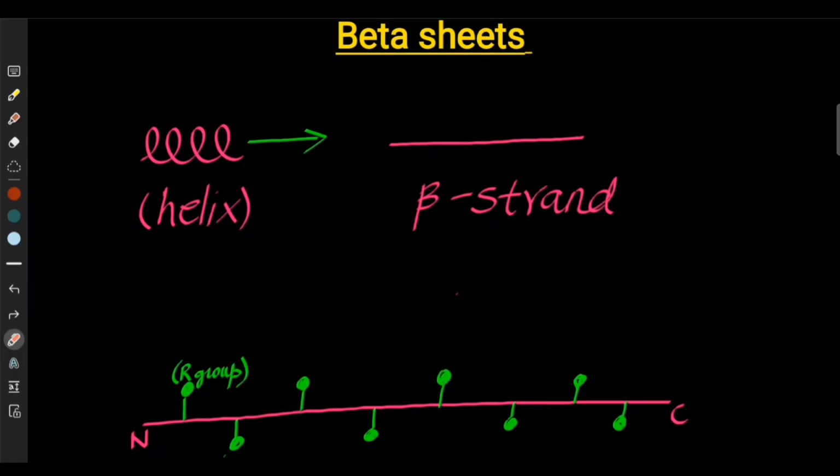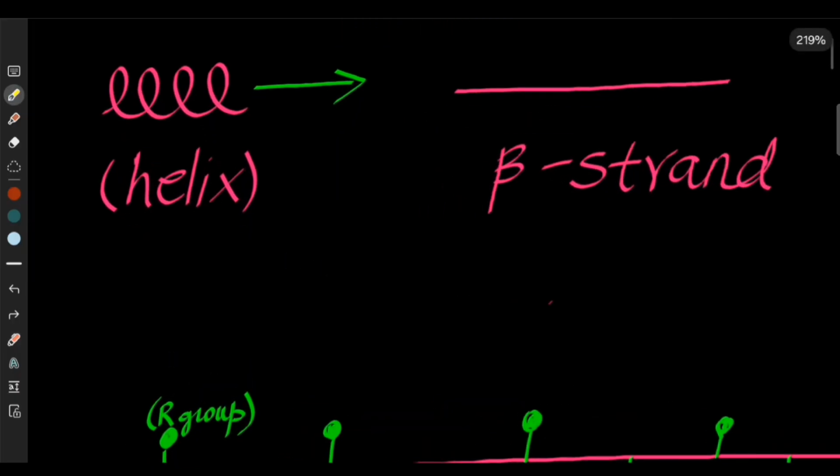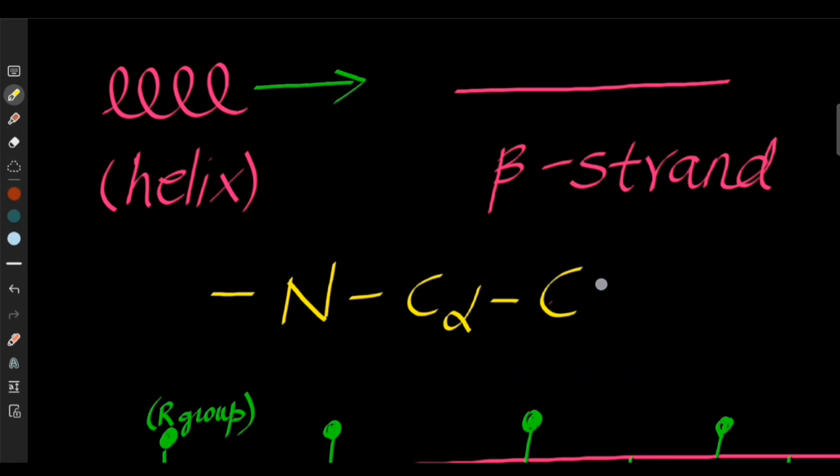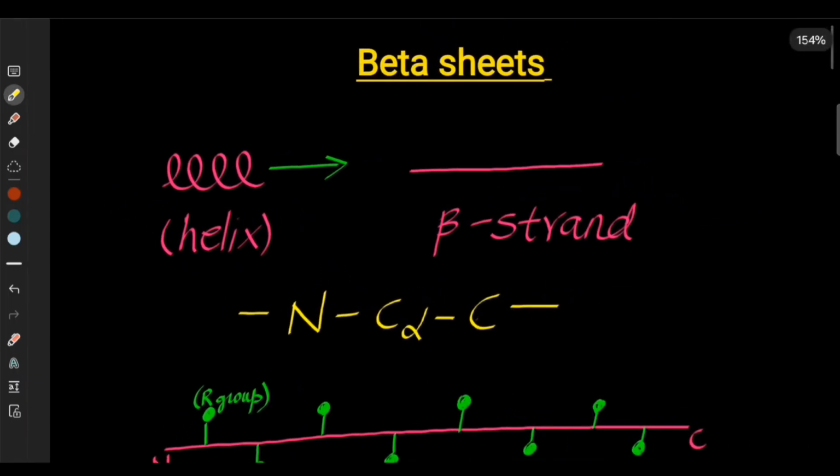Everything is going to be the same, the backbone, everything: N, C alpha, and then C backbone, right? This was the backbone of the protein. This is going to be the same in a beta strand also, except for the amino acids that will contribute to its different nature. We're going to learn about that as well, so don't you worry about it.